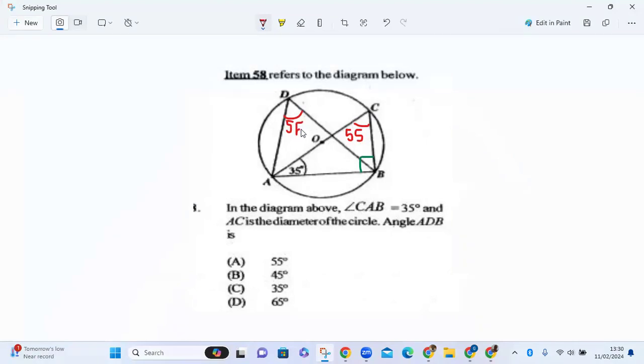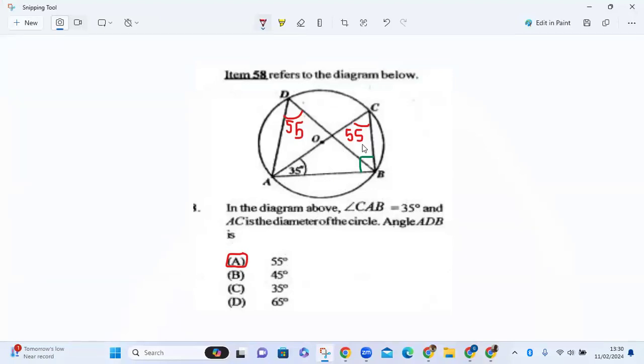Now let's take a look at what the question is asking. In the diagram above, CAB is 45 degrees and AC is the diameter. The question is asking, what is the angle ADB? ADB is 55 degrees. The reason is that ABC is 90 degrees from the semicircle theorem.